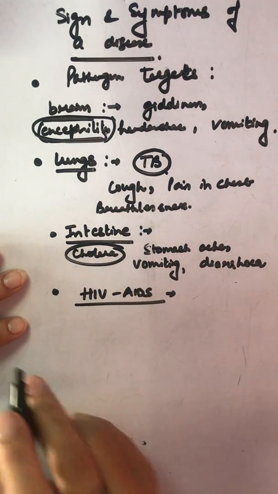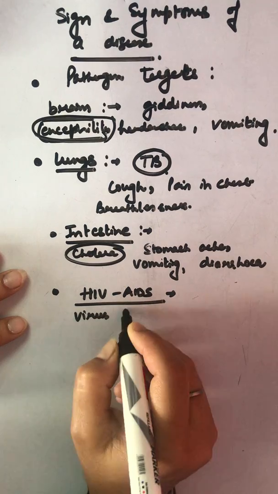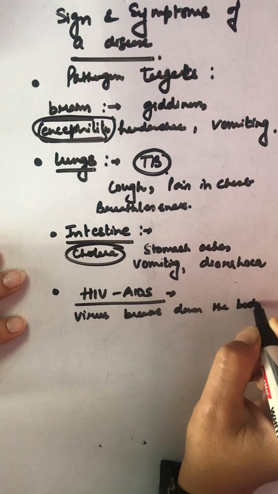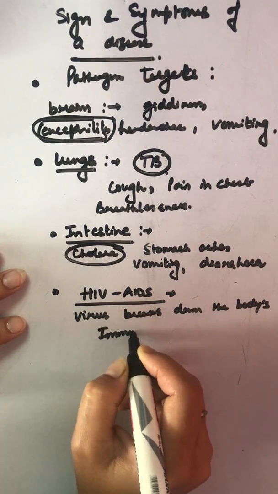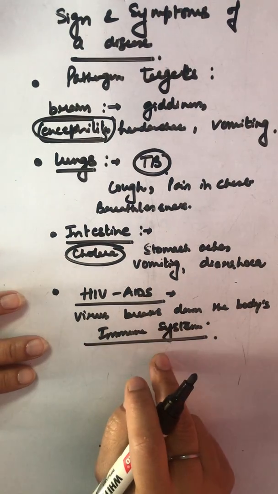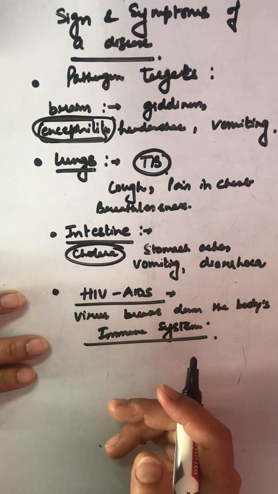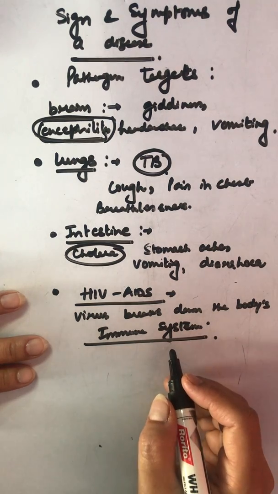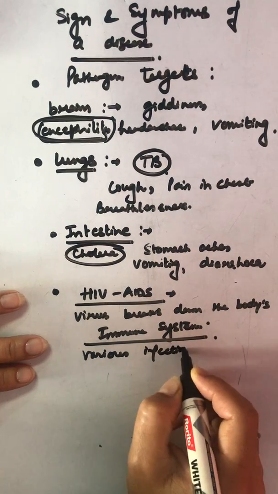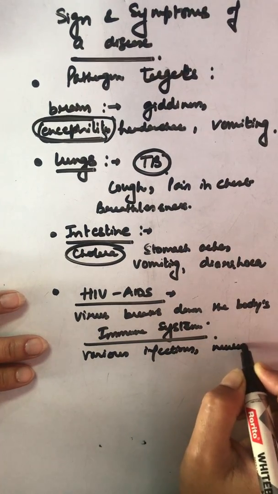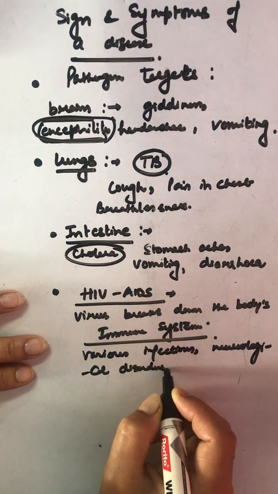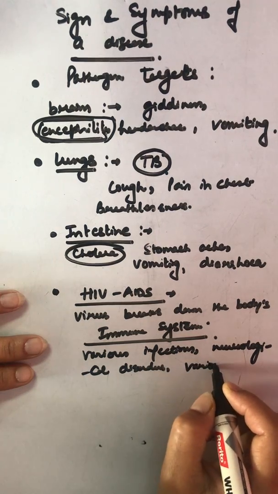In this kind of infection, the virus breaks down the body's immune system, leaving the victim vulnerable to a host of various infections, maybe neurological disorders, and various forms of cancer too.